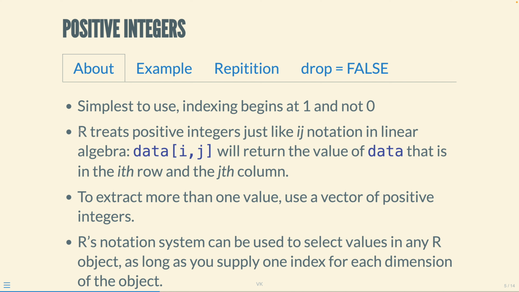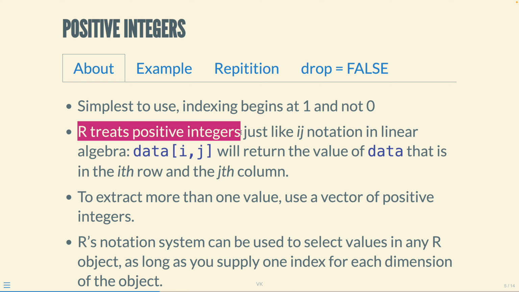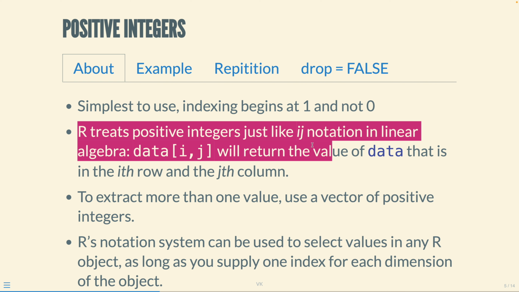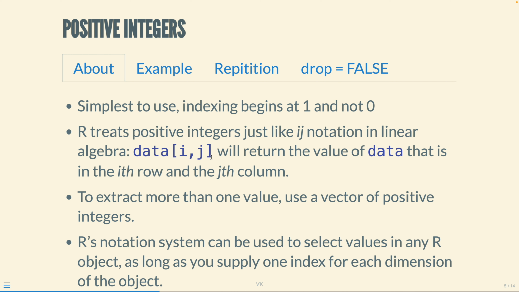Okay, now we already know that R treats positive integers just like indexing notation in linear algebra. You just saw that if you write the name of your data followed by square brackets i comma j, then it is going to return the value of the data that is in the ith row and the jth column.